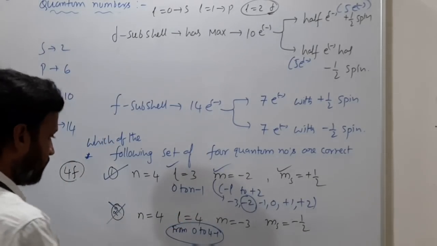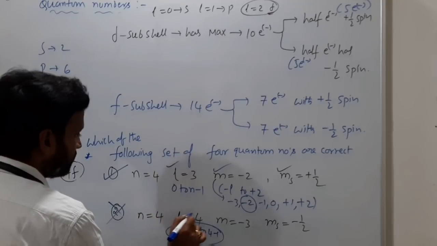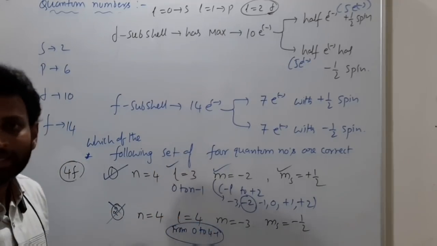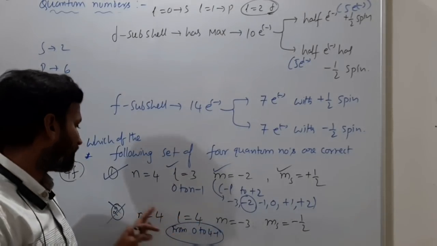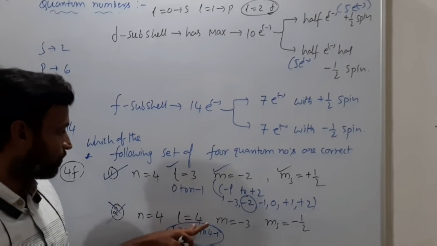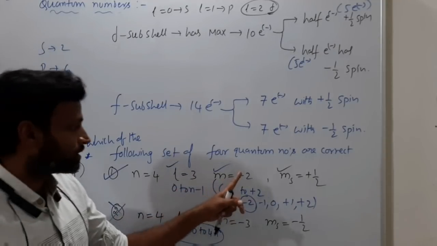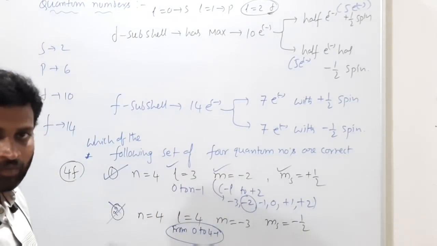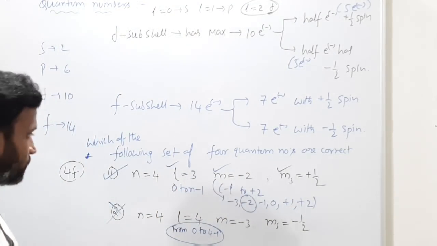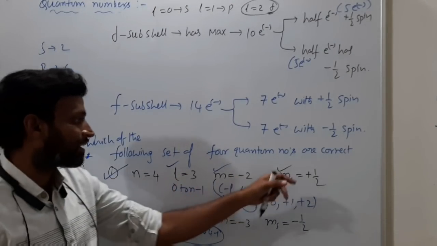So it can never exist. So this second set of 4 quantum numbers is wrong and the first set is correct. Understanding? These are for a particular electron actually.